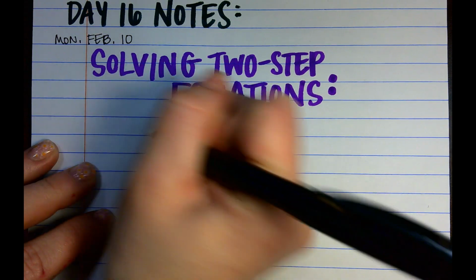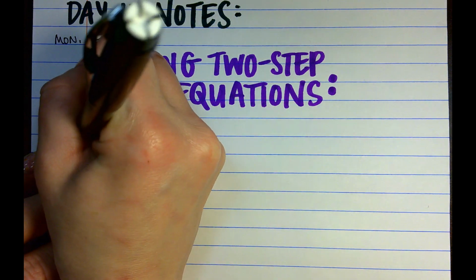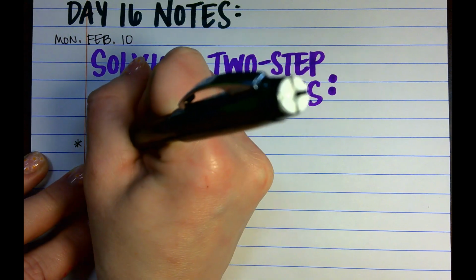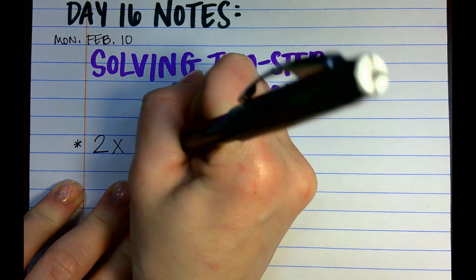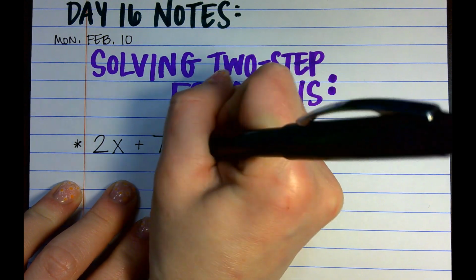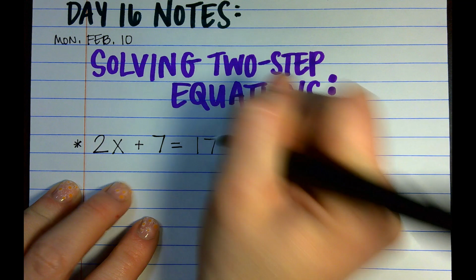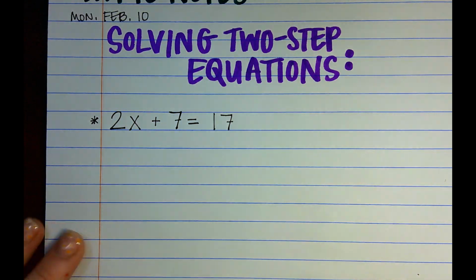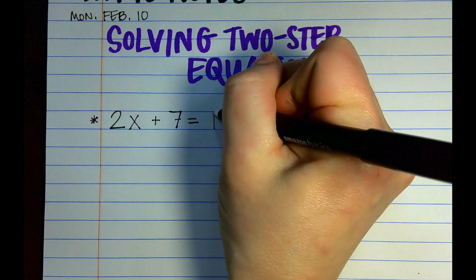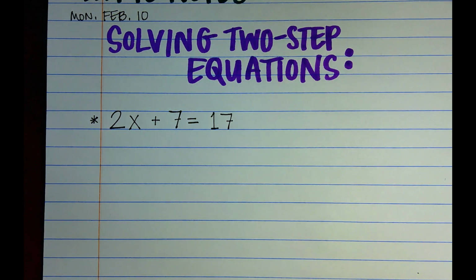Let's write that out. 2x plus 7 equals 17, and we are solving for x.